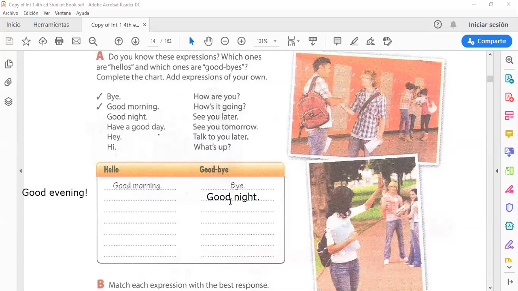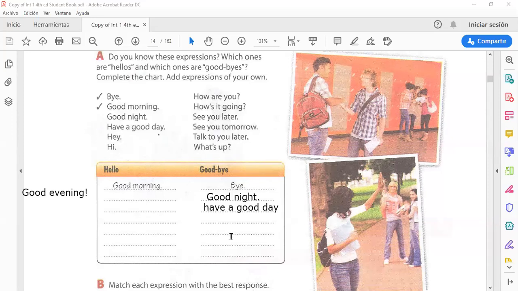Yes. Have a good day is a way of saying goodbye. So when you finish a conversation, you say, bye, Nicole. Have a good day.